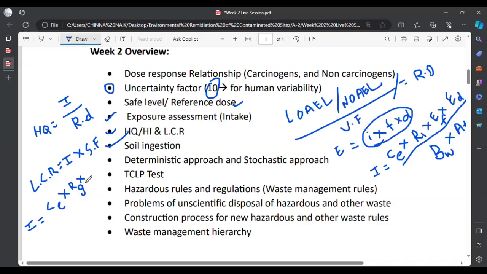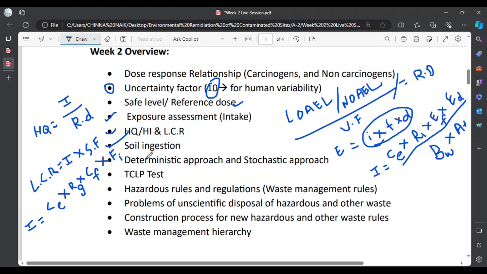And then CF, the conversion factor, which we generally represent as 10 power minus 6 kg per milligram. And then FI represents the fraction of ingested soil that is from the contaminated site.